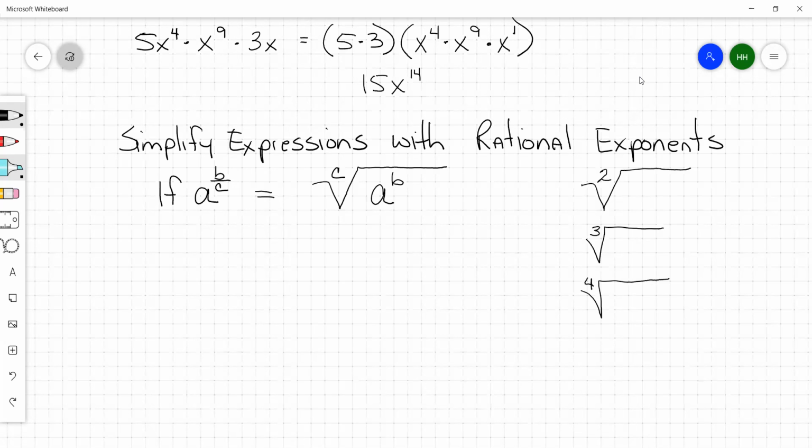You're going to get exposed to that a little bit more today, where you're going to be evaluating something like 9 to the 1/2 power. And what that means is the square root of 9 to the first power.